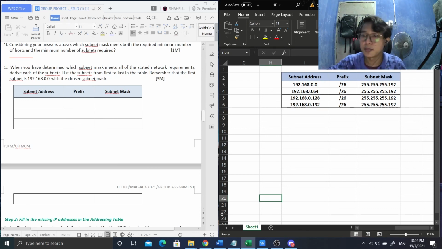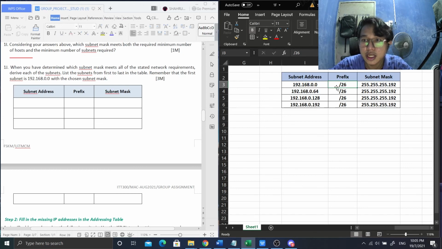So we make a table like this, and we first fill in the first subnet that has been given, and we insert the subnet mask that meets all the stated network requirements that we got from the previous question.